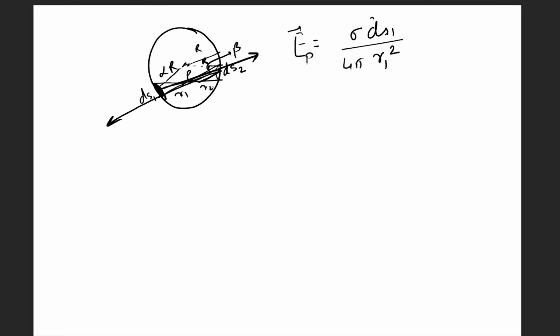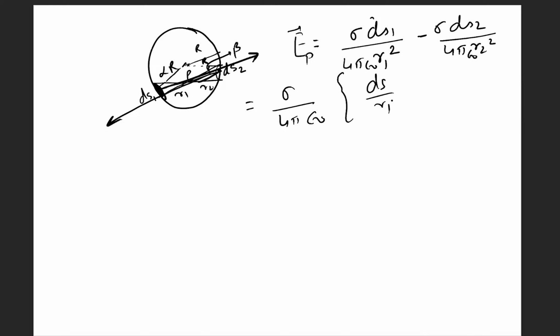So the total field will be minus sigma by 4 pi epsilon, which is common, times ds1 by r1 square minus ds2 by r2 square.